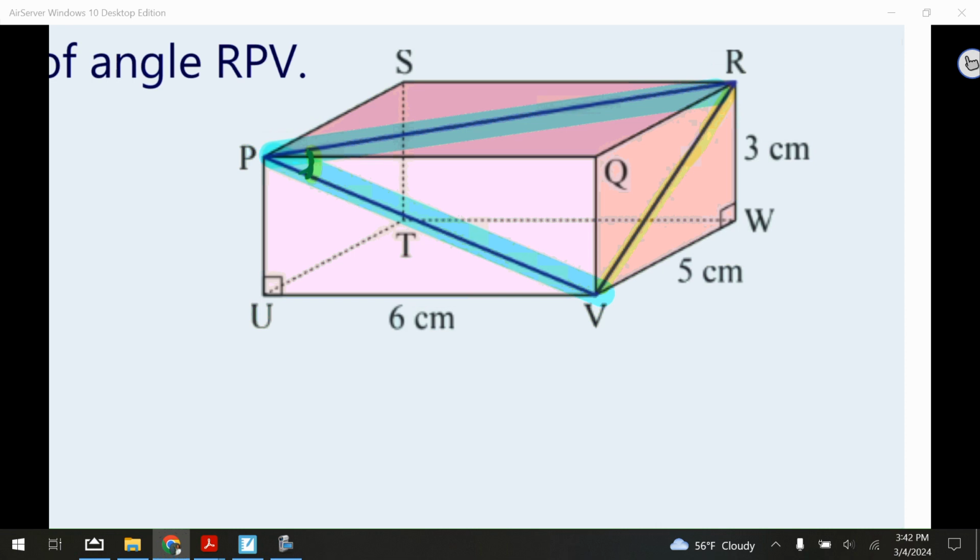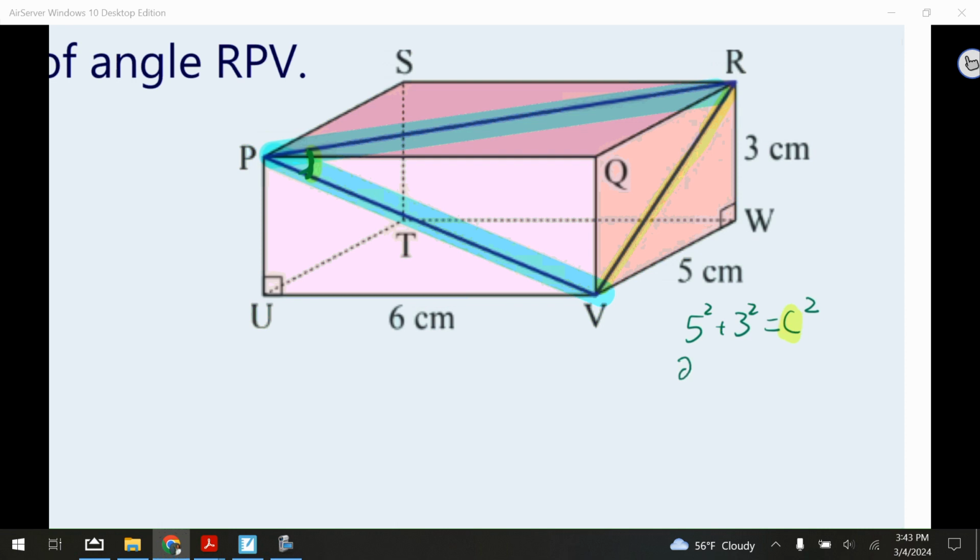To find that, because I have a right triangle right here, I can use the Pythagorean theorem. So I can say 5 squared plus 3 squared equals c squared. Basically, I'm solving for the hypotenuse there, which is what I've highlighted in yellow.